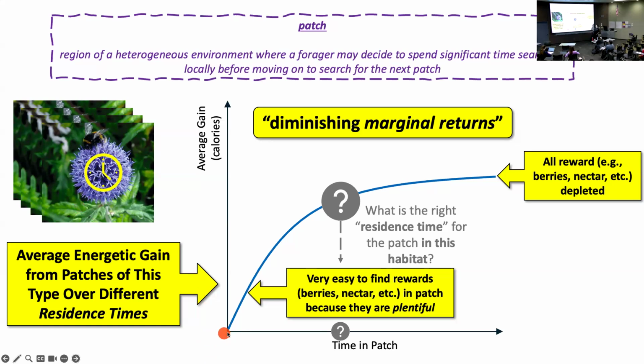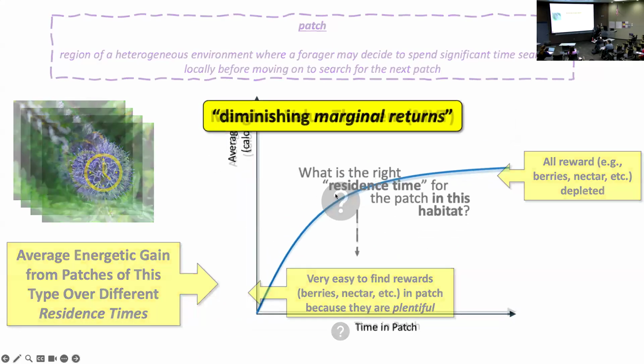As you enter early, it's very easy to find stuff, but as you stay late, you end up depleting the whole thing. And as it gets depleted, there's nothing else to find. So there is sort of a maximum here. Ideally, there's some point in the middle where you leave early enough because it's better for you to be searching for a new fresh patch than to continue to exploit this patch. So that's kind of the idea there.